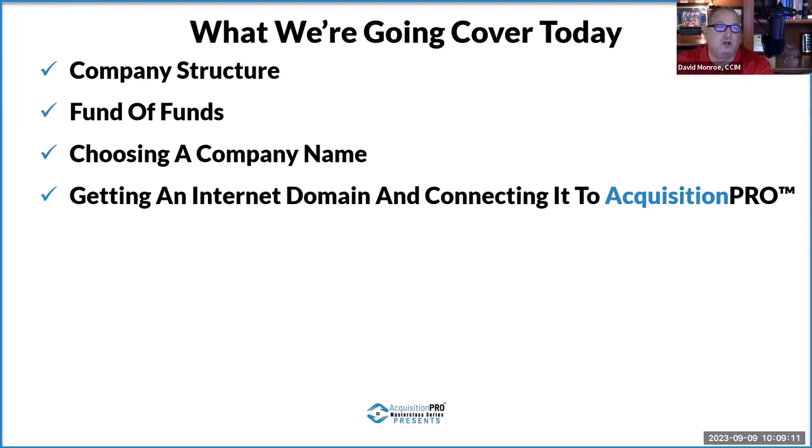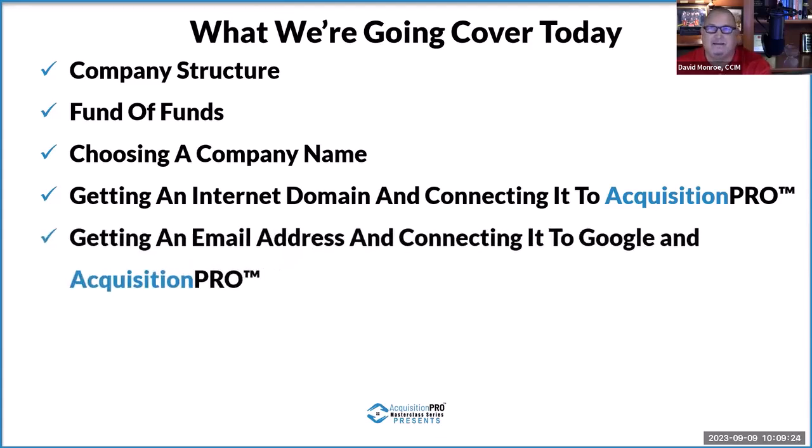So I'm actually going to go through the entire process as if I don't own enough domain names already, where I'm going to go purchase a domain, get web hosting, get an email address, and connect it to Google because most people like to view their email in Google. If you want to view your email in Outlook, I am not going to show how to connect it in Outlook.